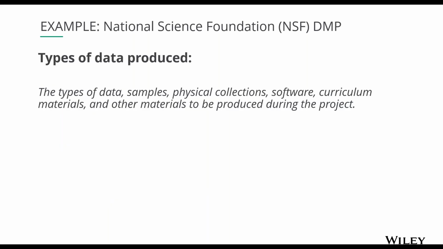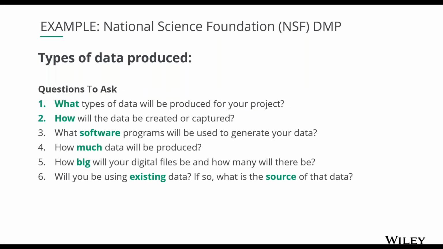So the types of data produced, that just means all the data, samples, physical collections, software, curriculum materials, anything else that you've produced during the lifetime of a project. And when you come up with the information that goes into this component, there are a couple of questions you want to ask.